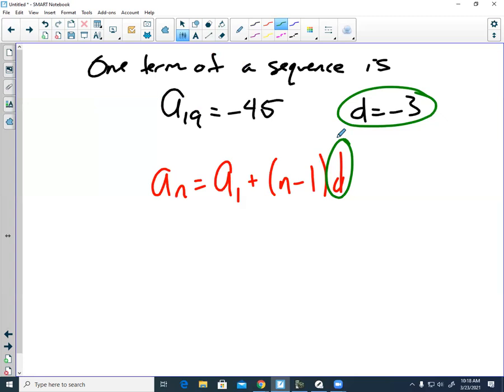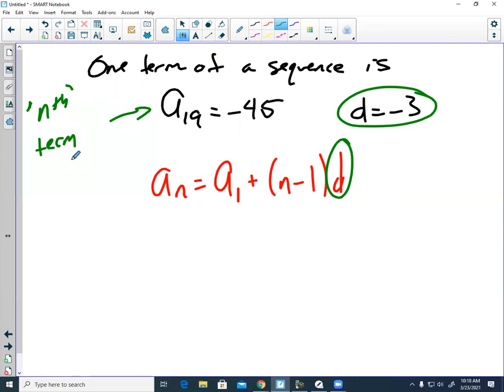So I'm going to pretend that A19 is my nth term, which means I'm going to plug those things into my formula.